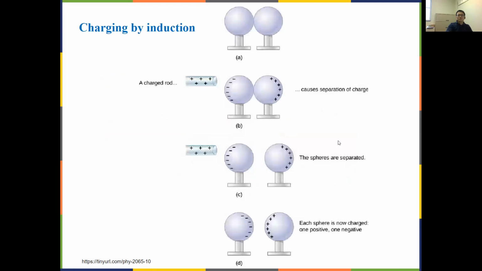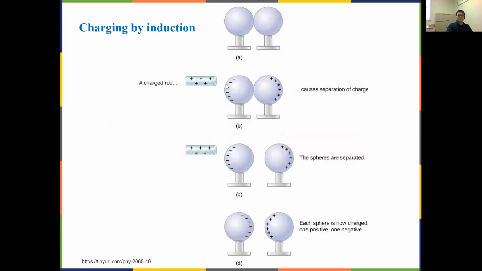Or you can do charging by induction. That means the charged rod approaches the sphere but is not touching it. In this case, you have two metal spheres in contact initially. They are neutral. Now the charged rod approaches, so you polarize the two spheres as one system.